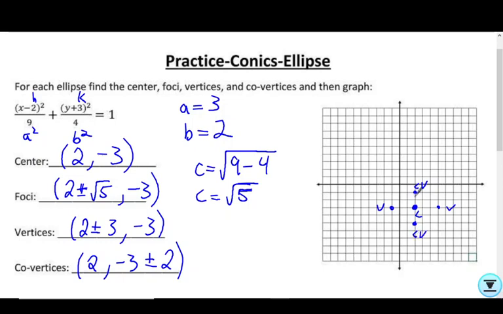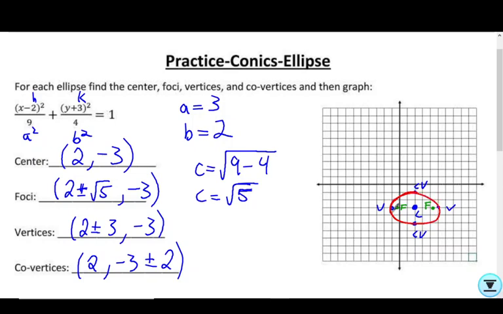My focus points, square root of 5, that's 2 and a little bit, so I'm going to put them right here. This is my focus, and this is my focus. And of course, my ellipse, you just connect the co-vertices and the vertices. So it's going to look like this.